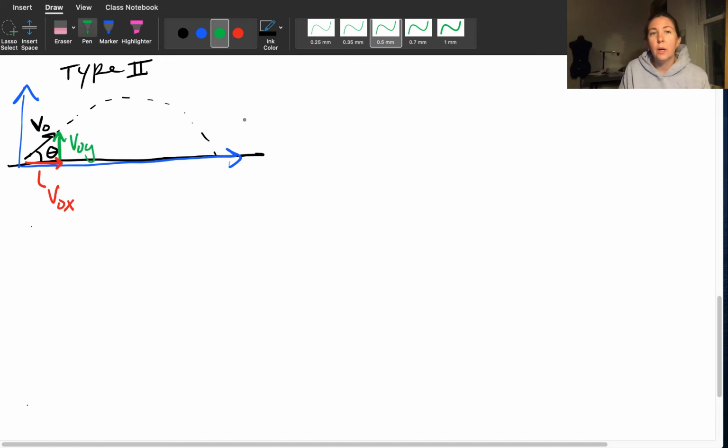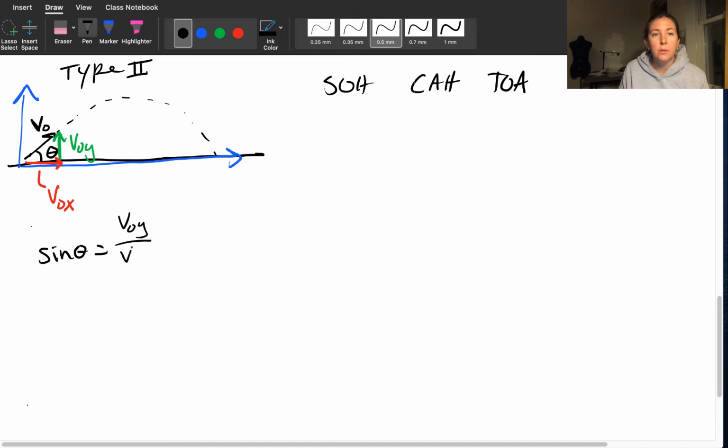Okay, so remember these are sine, cosine, tangent, SOHCAHTOA. So the sine of theta is the opposite, v naught y, over the hypotenuse, v naught.